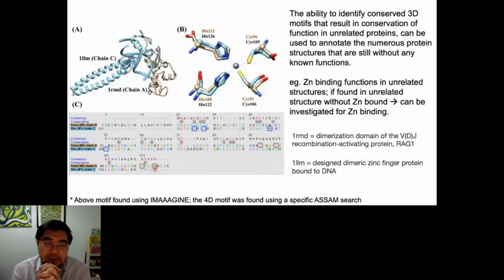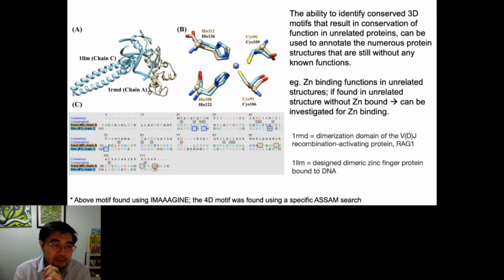And interestingly, we were able to find something even when we quite loosely defined it. In this particular example, you can see on the left in panel A one protein in cyan and another one in gold, and in panel B you can see that this forms a tetrad with histidine and cysteine arrangement that acts as a metal or zinc binding motif.